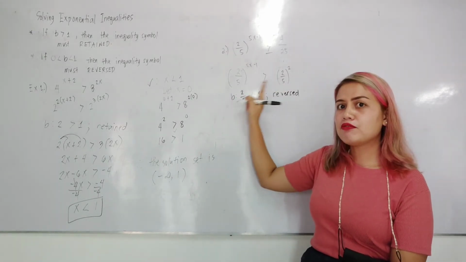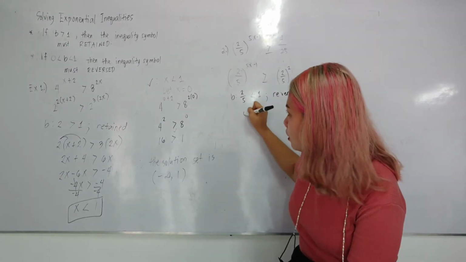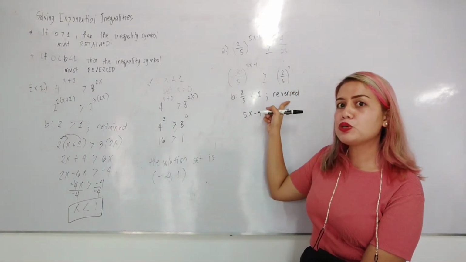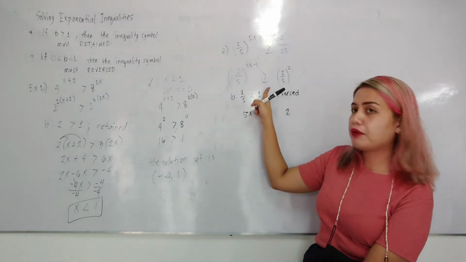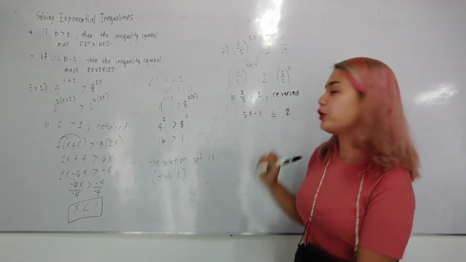If you have the same base here, automatically you can omit that and copy our exponent. And remember, using the property, our inequality symbol must reverse. So the greater than or equal to will become, yes, less than or equal to.